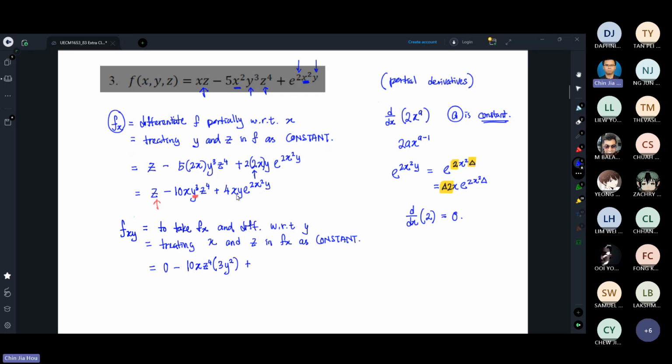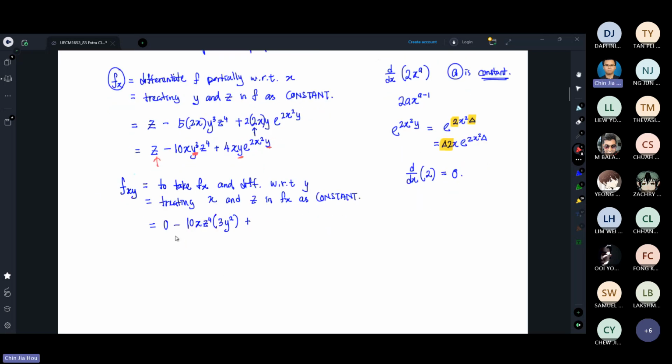Plus, now this is a more complicated one. We have y over here and y over here, meaning that we are supposed to use the product rule. So if we are going to use the product rule, let us write it somewhere else. U is equal to 4xy. And then V is equal to e to the x squared y.